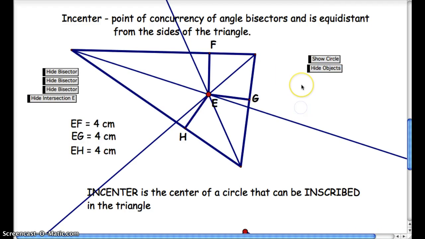So here we have the distance of a point to a line. Remember, these also have to be perpendicular. That's why I'm drawing these extra lines to show the distance. These have to be perpendicular, and all of these segments are going to be the same because they're equidistant.